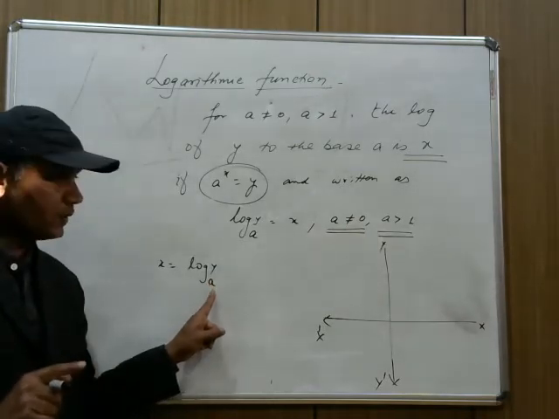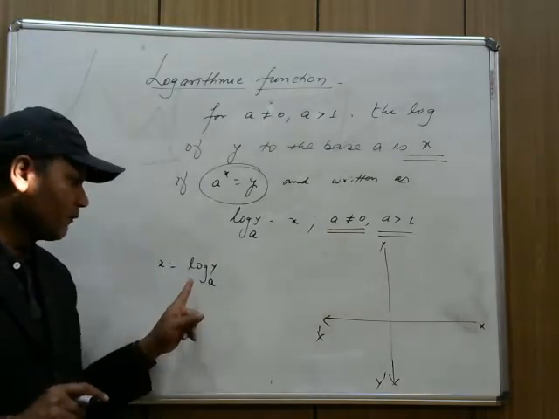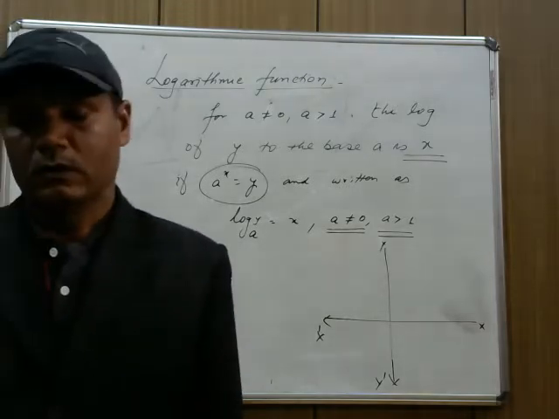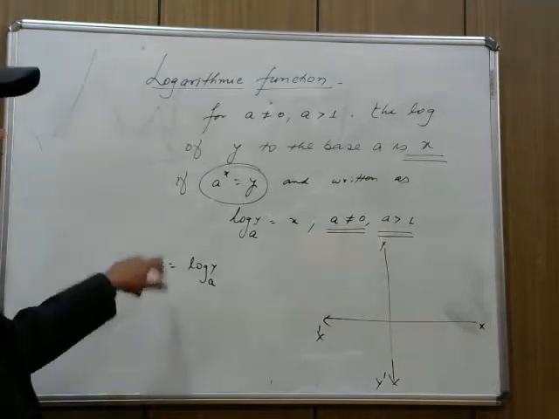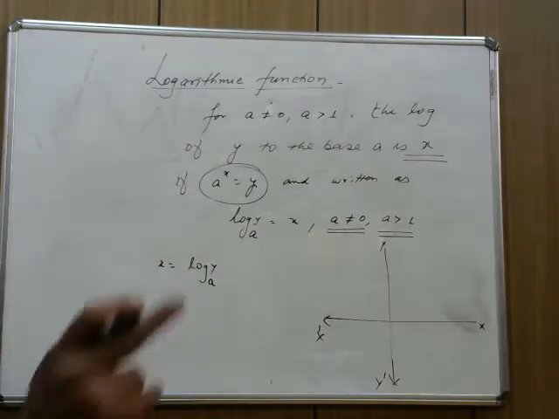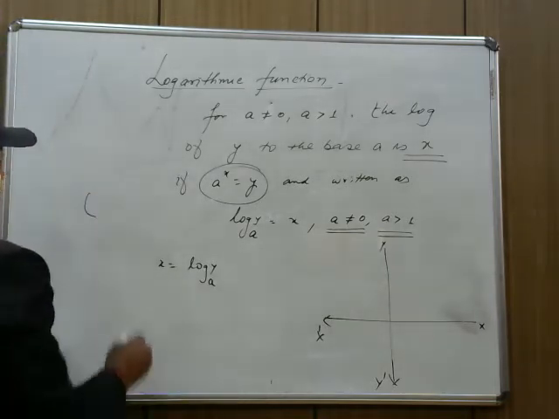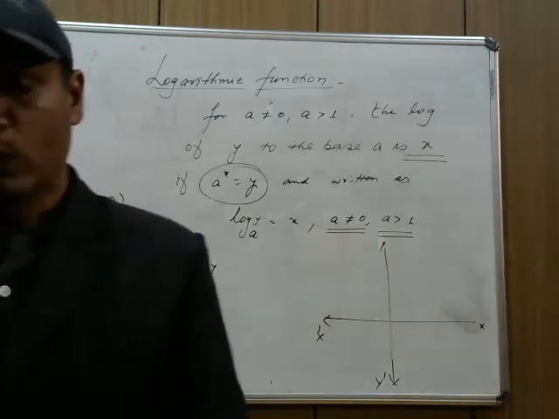Here we know the condition for a, that it should not be equal to 0 and should be greater than 1. Now if I take y is equal to 1, then log y will also become 0. That means there will be one point 1, 0.